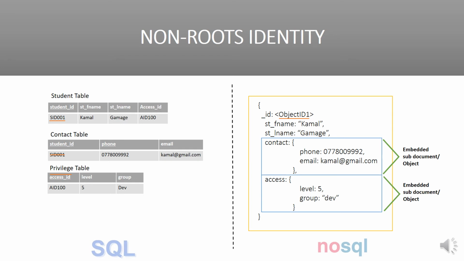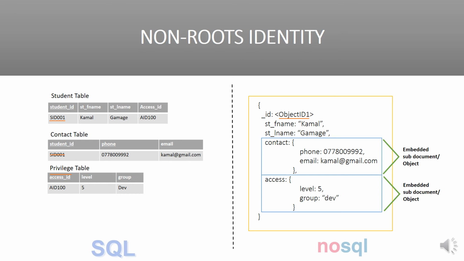Here, the problem associated with NoSQL is non-root objects. It means some database objects can embed another object as a parent-child hierarchy, and this can cause identity problems for the child objects.